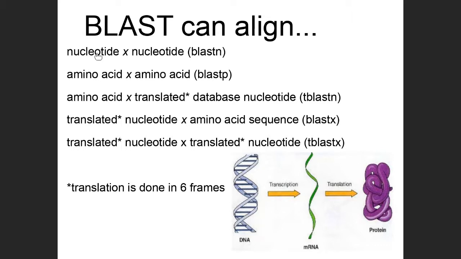You're given a nucleotide, and BLAST is asking, is there any nucleotide sequence that matches the nucleotide you gave it? Or you give an amino acid sequence, and then BLAST will look at a different collection. Right now, it's going to look in my collection of amino acid sequences. Do I have anything that matches your amino acid sequence? So this is looking at a nucleotide database. This is looking at a protein database.